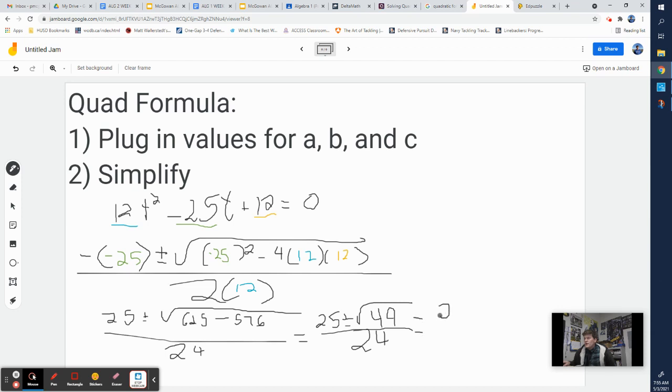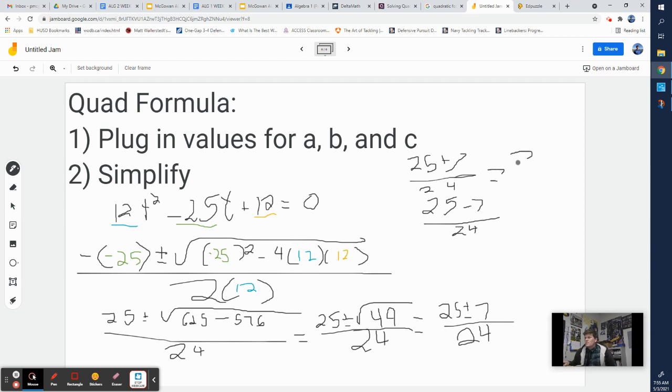So I have 25 plus or minus 7 all divided by 24. Which means I have 25 plus 7 divided by 24. And I have 25 minus 7 divided by 24.